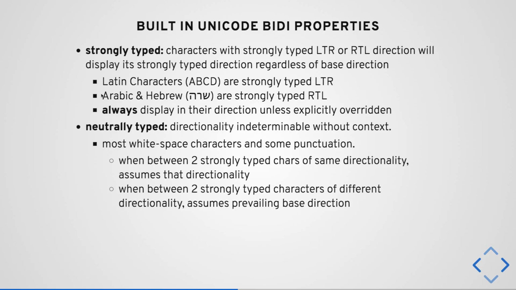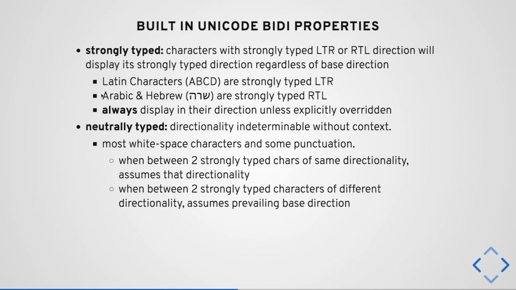All right. So in addition to strongly typed, you have these neutrally typed things. These are like your white space, some of your punctuation. It has some rules. Let's say these things are in between strongly typed things. When they are of the same directionality, they're going to assume that same thing. So when we do A, B, C, D, space, D, E, F, that space assumes left to right. And vice versa, when we do Arabic characters, space, and then more Arabic characters, it knows that space is right to left, okay?